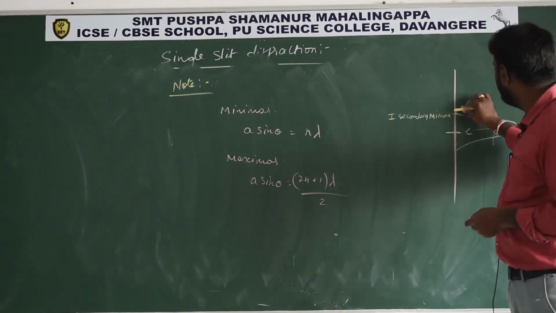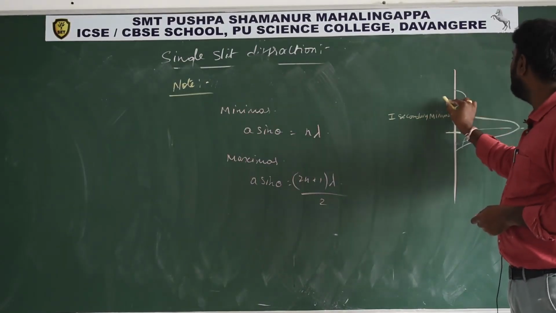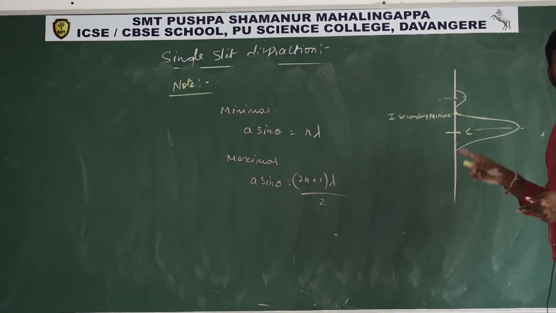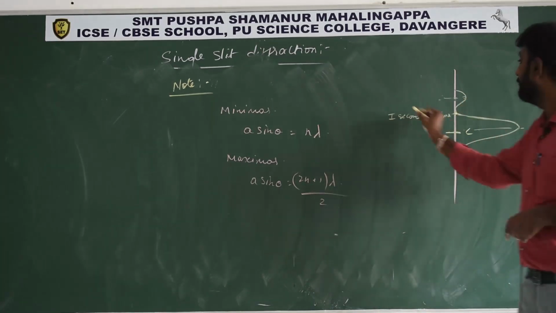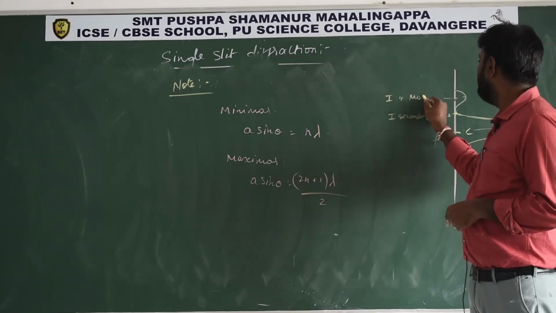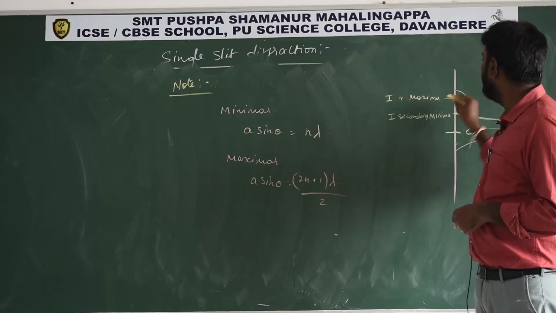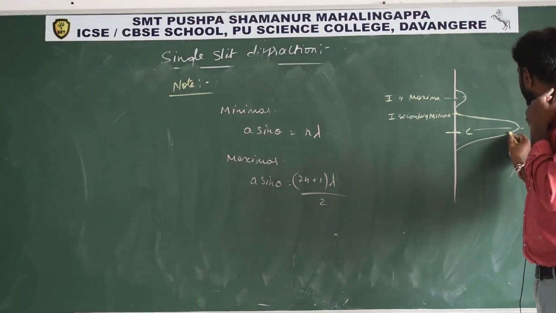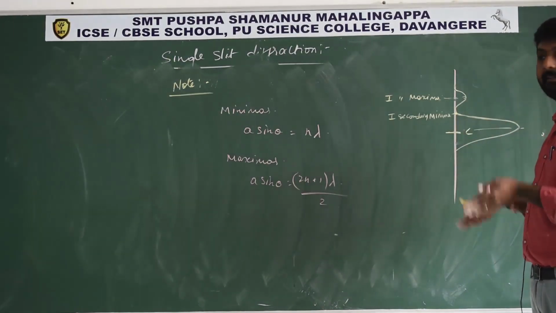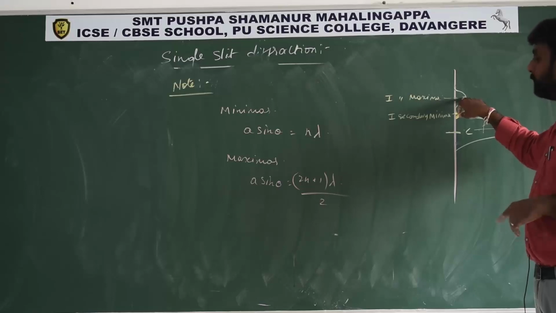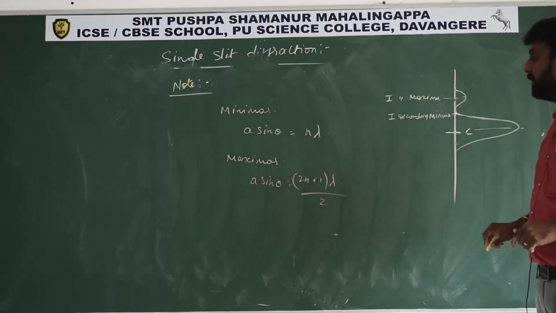And next, this is what? Maxima, that is the first secondary maxima, isn't it? Again next intensity becomes 0, minima. Like that, central maxima intensity and brightness are more, then first secondary maxima intensity is less, brightness is also less.